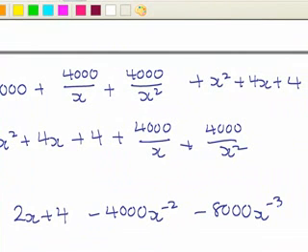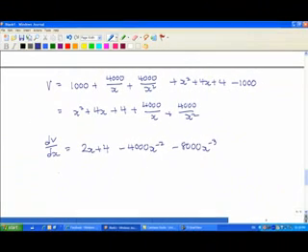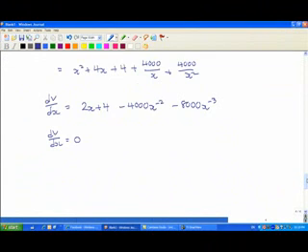Okay, and in order to find the minimum value of x, what we can do is to let dV/dx equal 0.